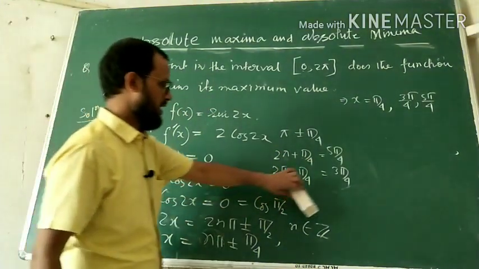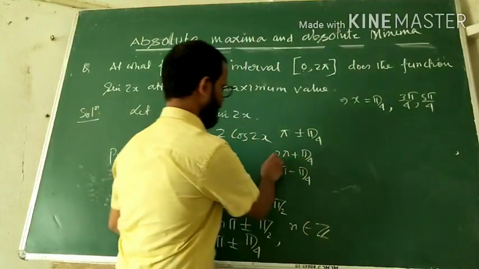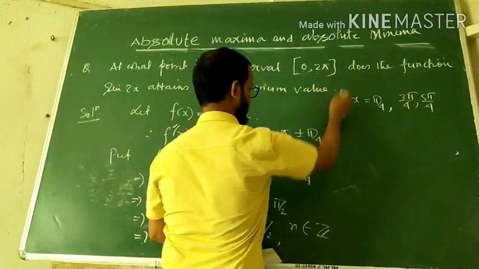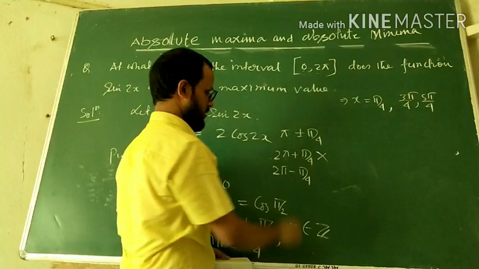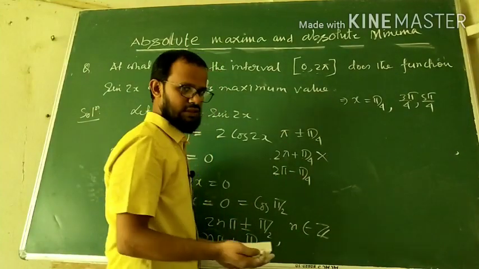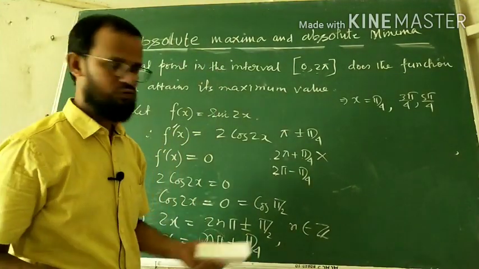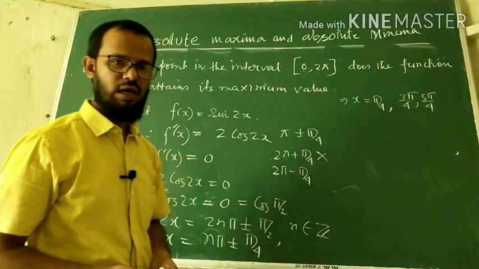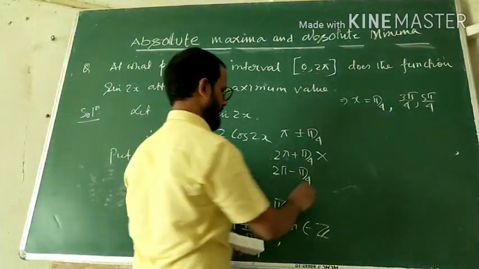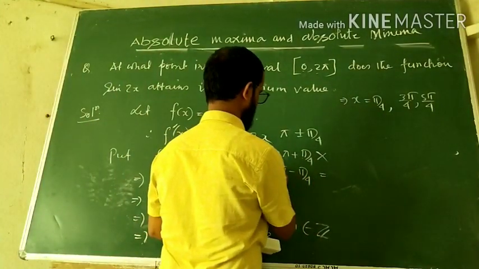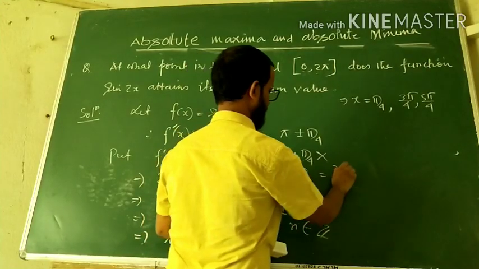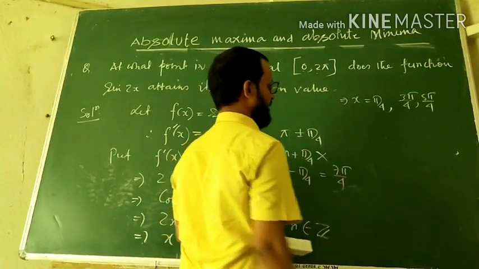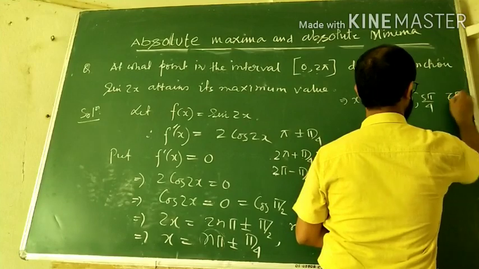And you see 2 pi plus pi by 4 exceeds this interval, so we will reject this. 2 pi minus pi by 4, yes, is less than 2 pi. It is slightly less than 2 pi, so we can take it. By calculation, 8 pi minus pi gives 7 pi by 4. So finally these are the critical points.